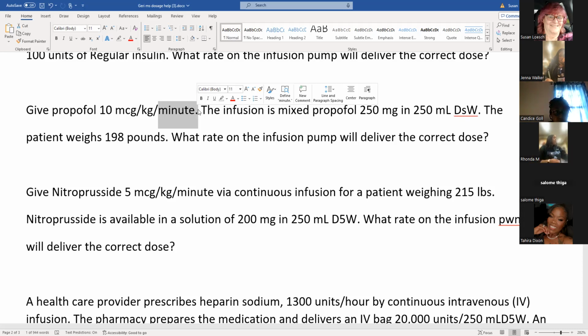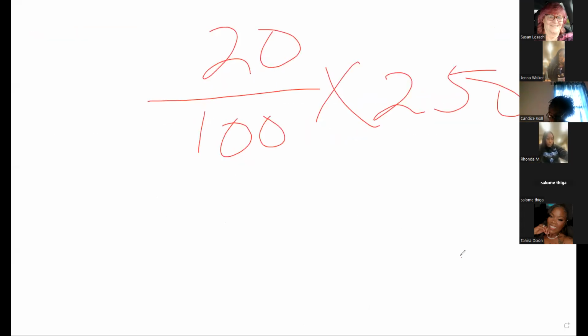Now we're going to the board. So I'm going to put what I have on hand here. And down here, I always put mLs per hour because I need to know where I have to get to.